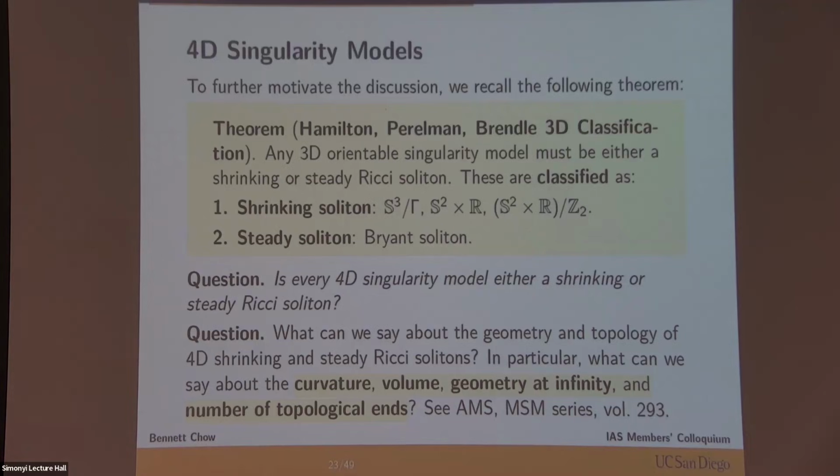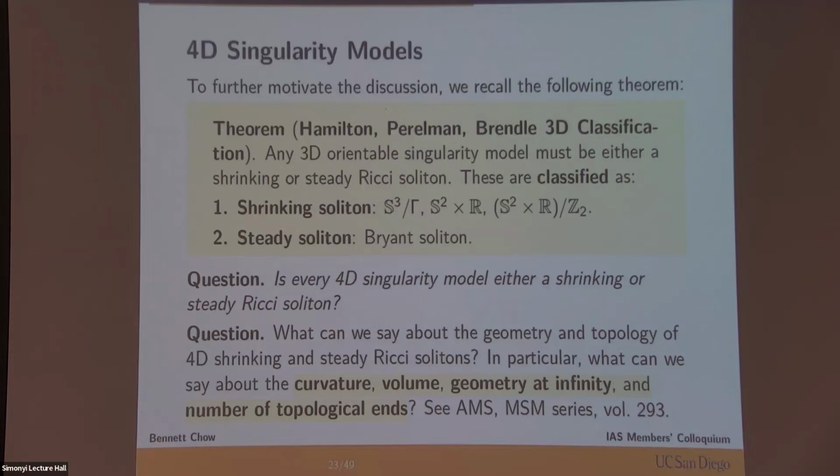This is a classification of all possible orientable singularity models. And what it says is that they actually have to be solitons. So this is a justification why one is interested in looking at solitons.